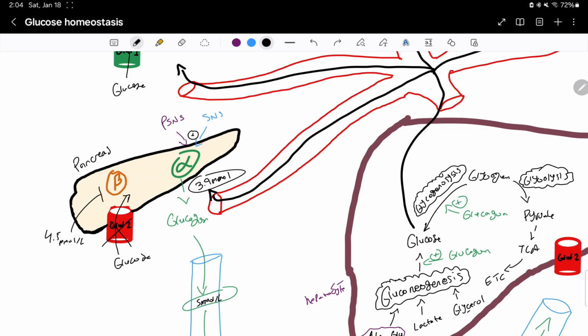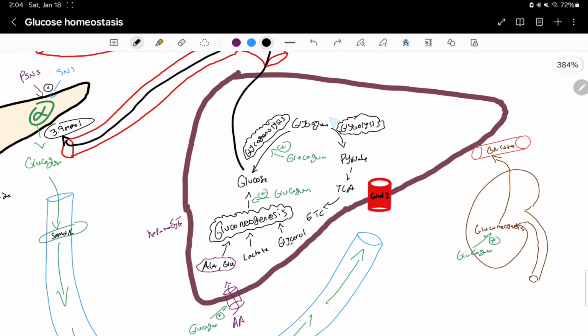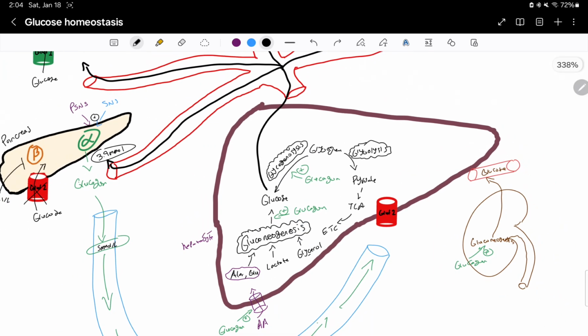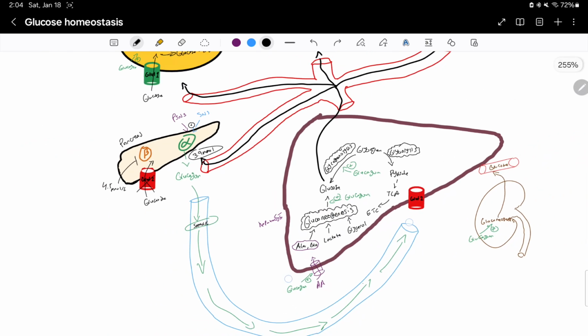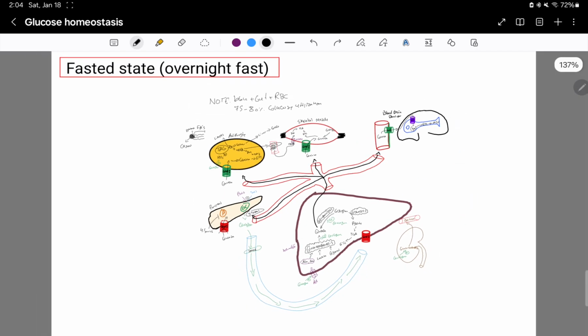It's very finely controlled, and it's very much done by the liver, because it is able to go through gluconeogenesis and glycogenolysis. Glycogenolysis is breaking down the glycogen into glucose and releasing it out into the bloodstream. And gluconeogenesis is making glucose from non-carbohydrate substrates. So that's how we actually have glucose homeostasis in the fasted state.